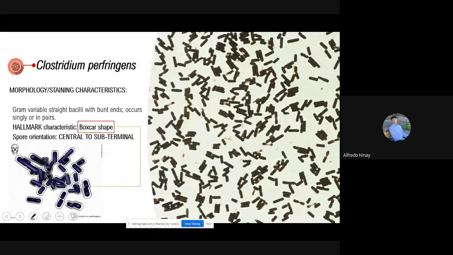So if you culture the media in an anaerobic condition and you observe a box shape characteristic, then that is most probably Clostridium perfringens. Okay, and then they also have the same characteristic of your Bacillus anthracis with the central to subterminal. Although your anthracis is only central, but with your Clostridium perfringens, pwede din siya mag-subterminal.